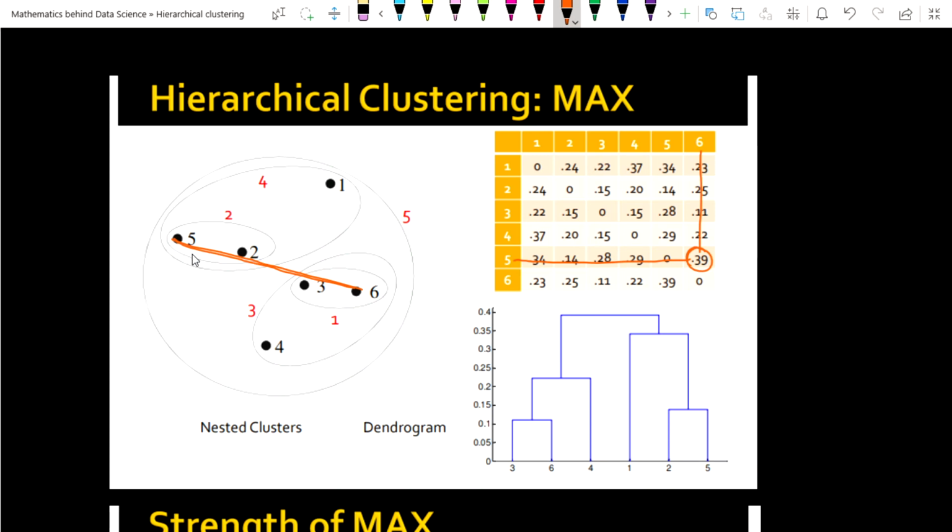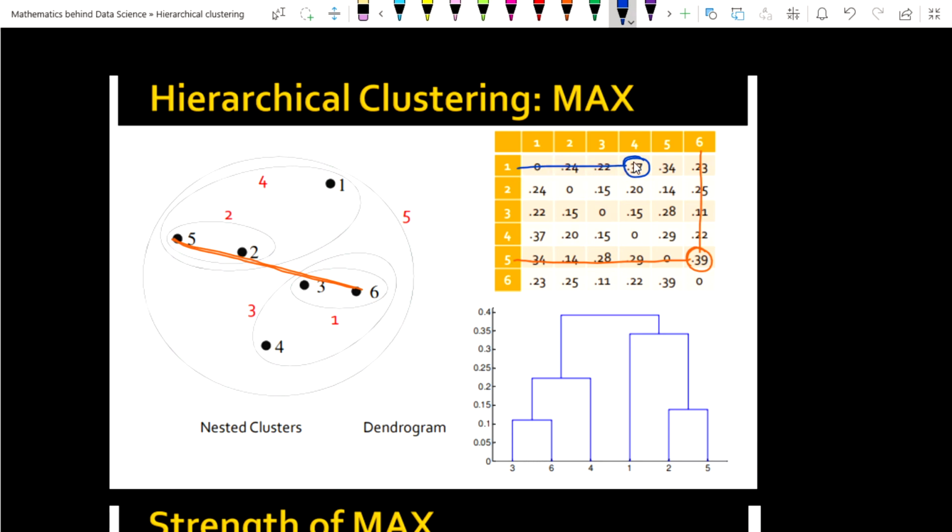Now after 0.39, what is the maximum value in this? Just see it here. The maximum one is, I think, 0.37. Look closely. 0.37 is the next maximum one, meaning 1 and 4.